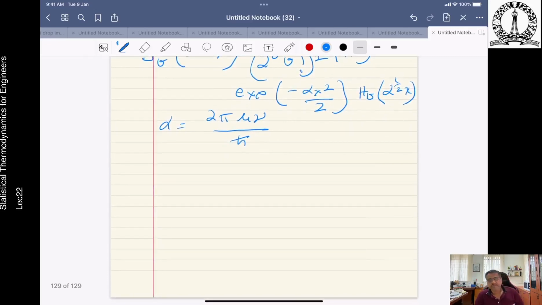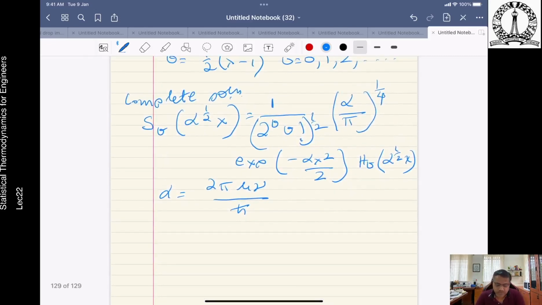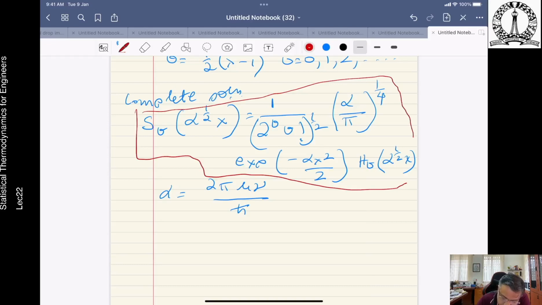This is the expression for your alpha, where alpha is 2 pi nu frequency divided by h bar.